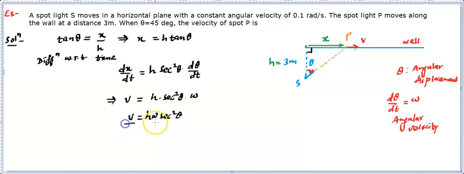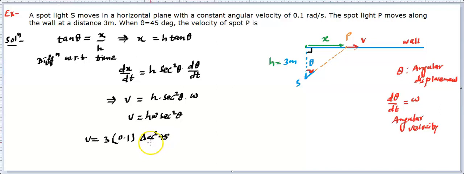Now this is how velocity depends on h, which is the gap, that is 3 meter, and omega, the angular velocity, which is given to us as 0.1 radian per second. Theta is in radians, so that's radian per second. And theta is 45 degrees. Now we can put in the values to get the answer. So v is equal to 3, omega is given as 0.1, and sec square 45 degree.